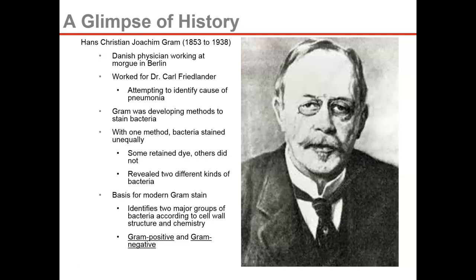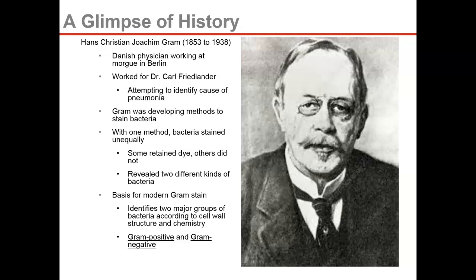And so Hans Christian Joachim Gram was working in a hospital, in a morgue, and he was trying to identify the causative agent of pneumonia. So he was developing a stain technique to stain bacteria. One of the methods that he did, which we'll learn in this chapter, is known as the Gram stain.